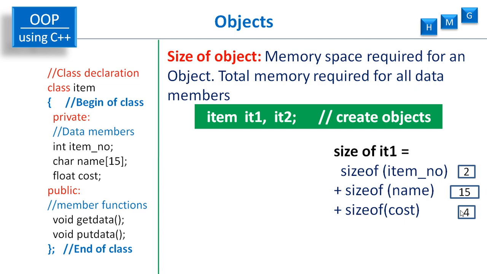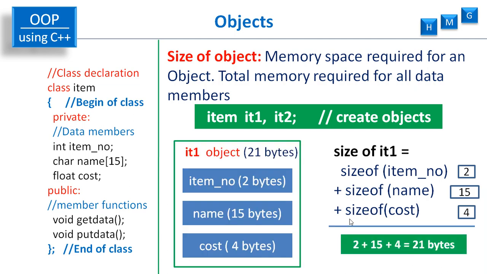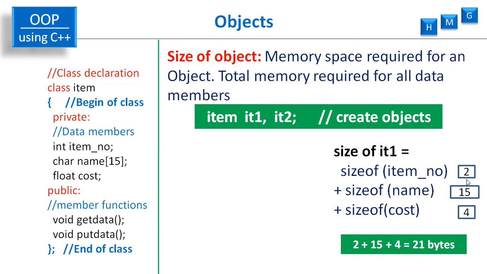Why? Because cost is declared as float data type, and for float data type 4 bytes of memory is allocated. So what is the total? The total is 2 plus 15 plus 4 is equal to 21 bytes. This is the total size of object IT1.